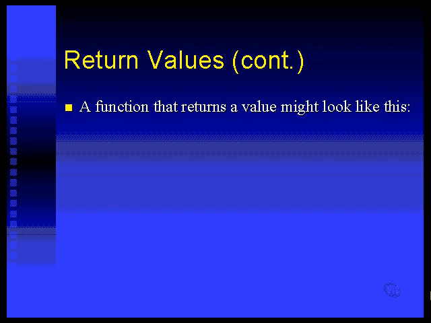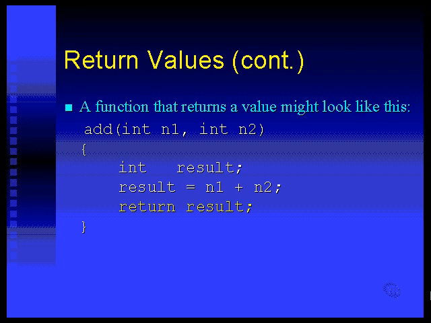So let's have a look at an example of what that might look like. If we wanted a function that returns a value, we might write it like this. This is a very simple function that adds two numbers together, those two numbers being the parameters that the function is passed. Now the first thing that happens is that a result is created within the function. This is a local variable called result, and result obviously becomes the sum of the two numbers.